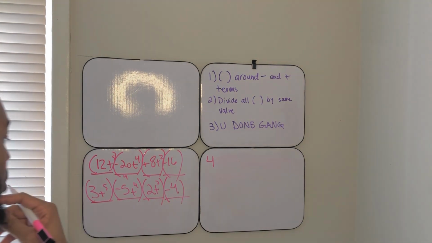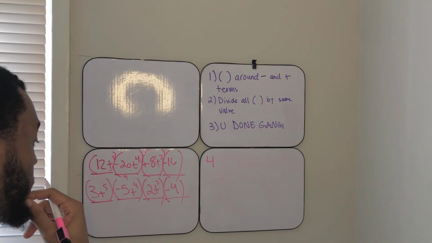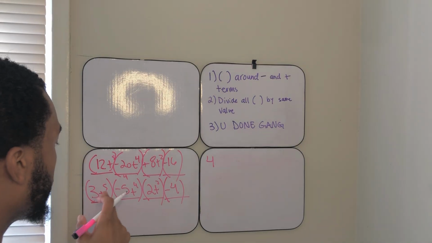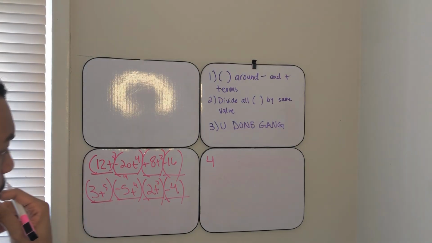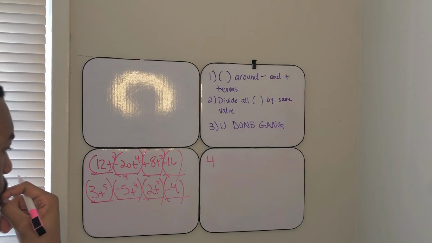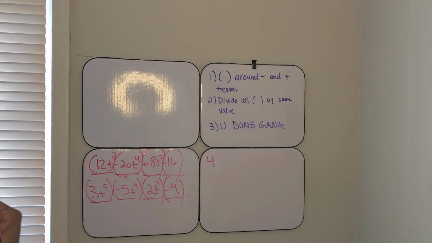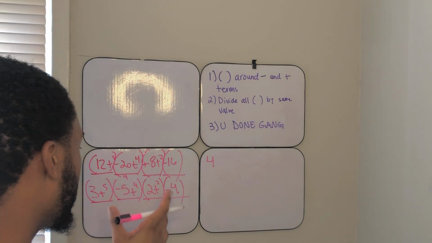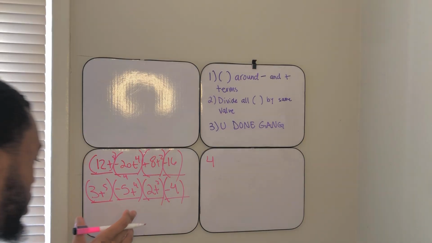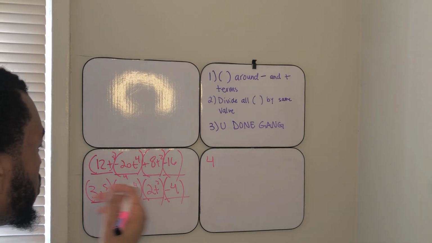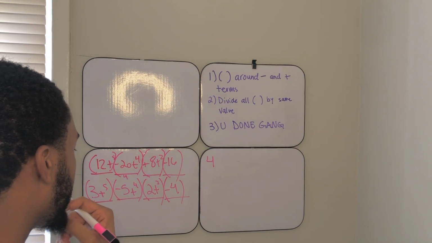Now we do the same thing for these parentheses. Is there anything that we can divide all of these by? All of these have a t in them, so we might, but let me double check. If we take a t squared out of these, let's see what we're left with.